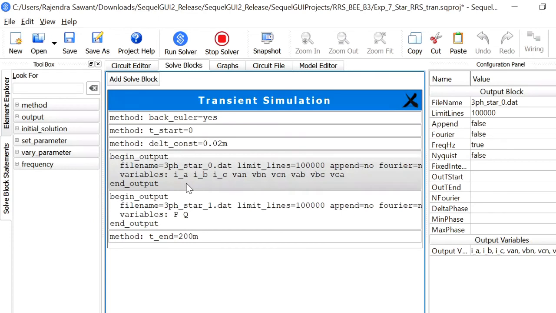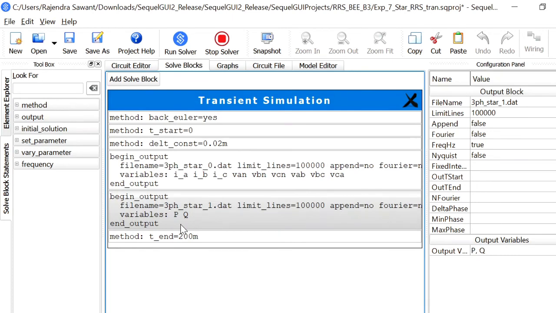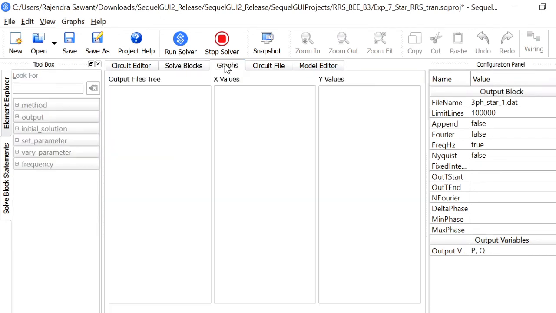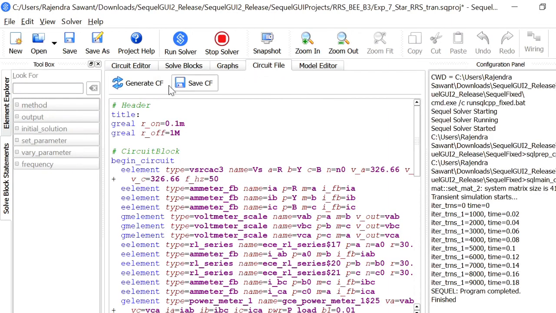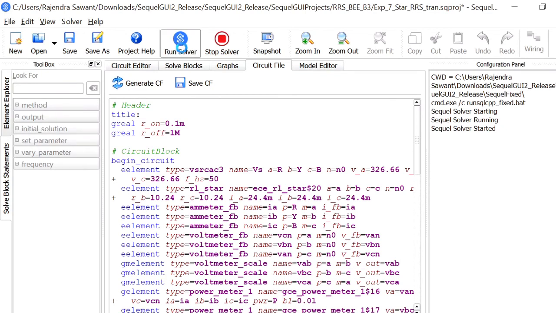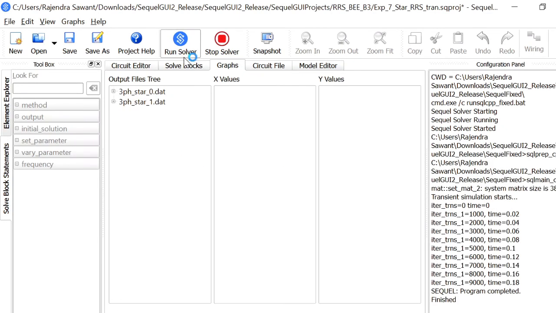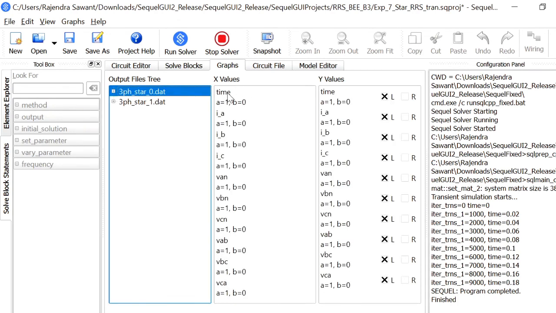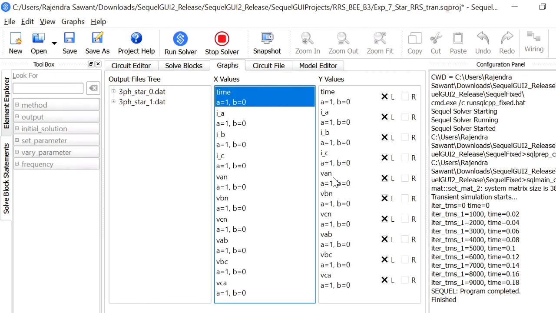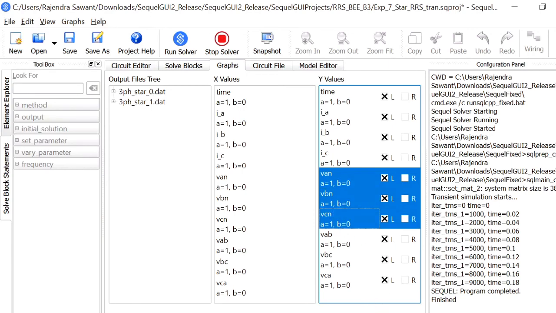One output file gathers the information about the phase or line currents, the phase voltages and line voltages. The second is just gathering information about P value and Q value. Here we have to compile this circuit, generate the circuit file, and run the solver. Let us see first how the system of voltages looks.